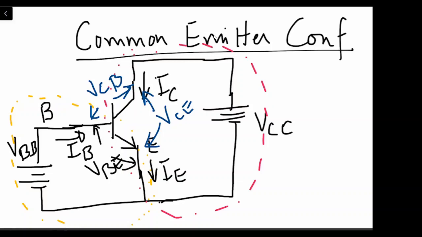So with this, we can see that at the input side we have the input current, which is IB, and the input voltage, which is VBE. So we can draw the input characteristic curve for the common emitter configuration. Let's see how it is going to be.